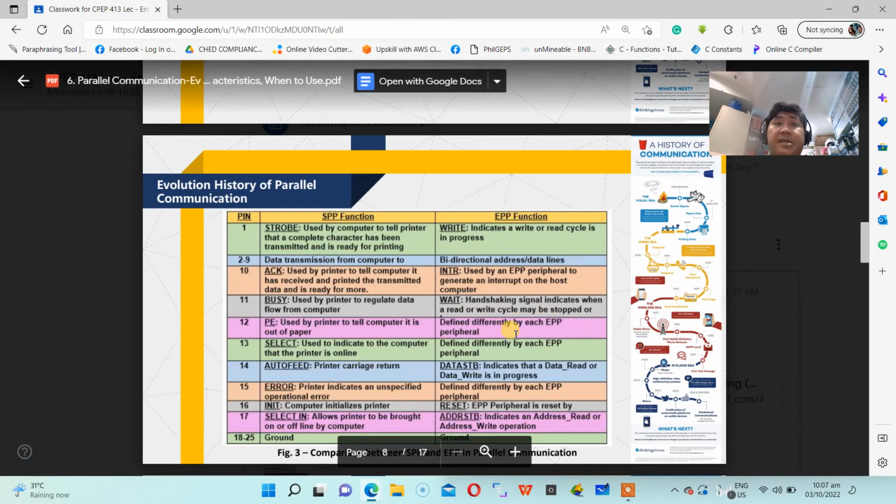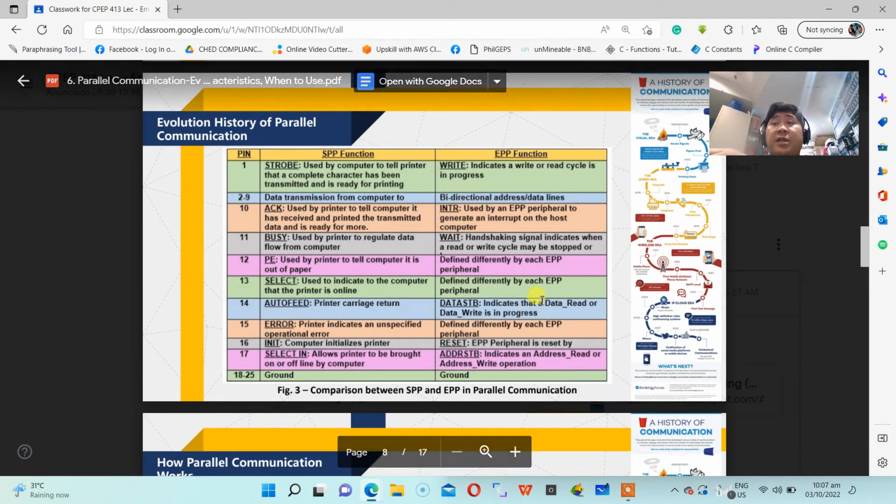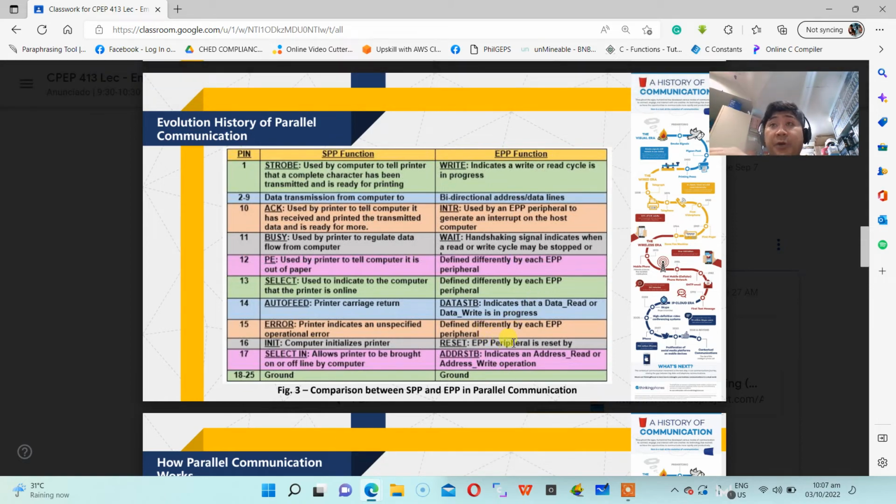It's like that basically. So these are the terms and comparison between the two parallel ports.